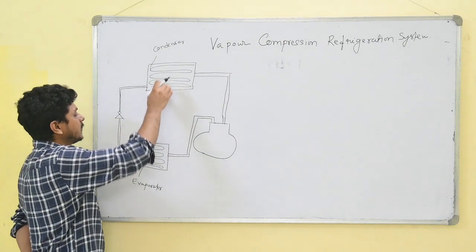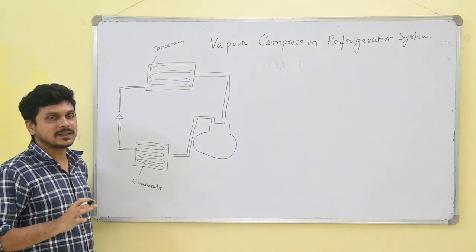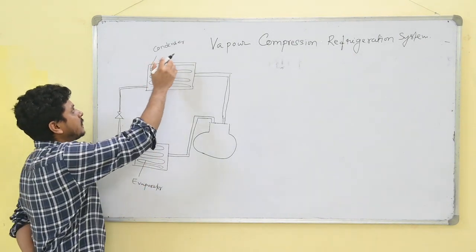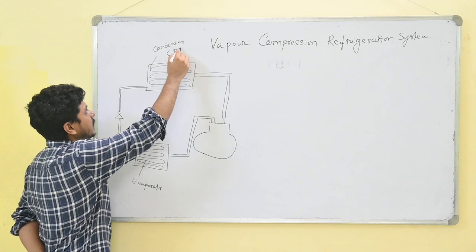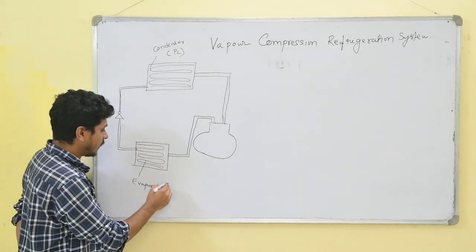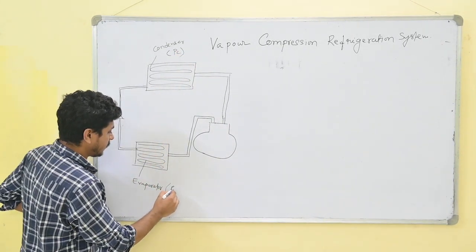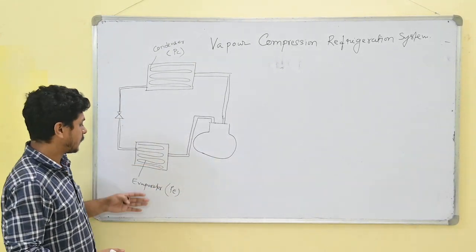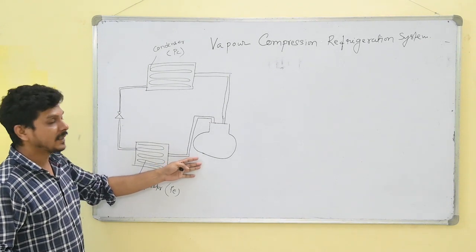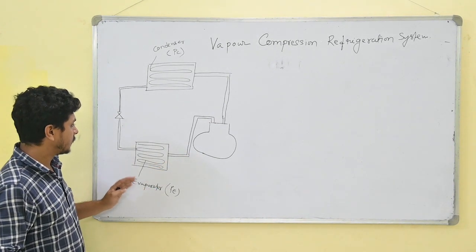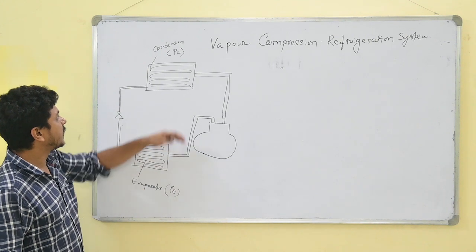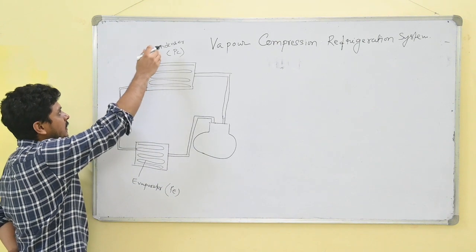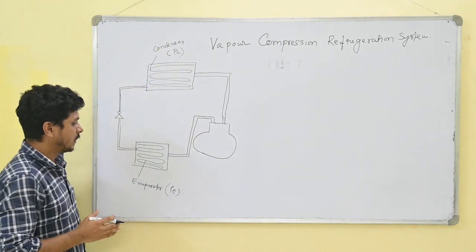Here we see the whole Vapor Compression Refrigeration System works on two pressures. The higher pressure is called the condenser pressure, and the lower pressure is called the evaporator pressure. The compressor is used to increase the pressure and temperature of the refrigerant from evaporator pressure to condenser pressure, and the expansion valve is used to decrease the pressure from condenser pressure to evaporator pressure.